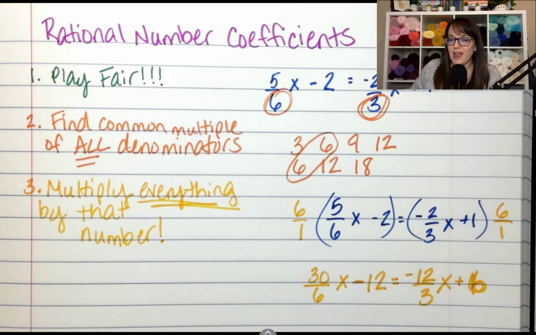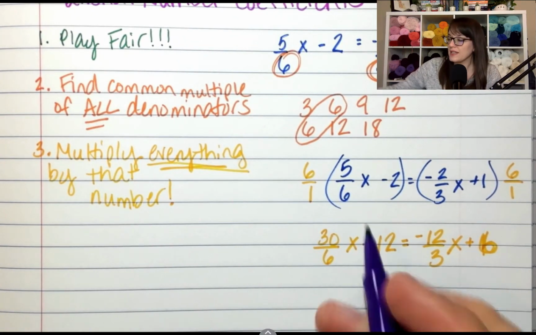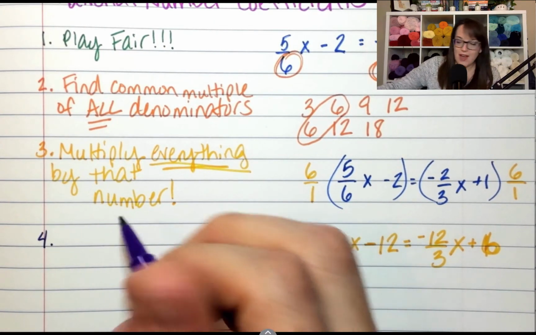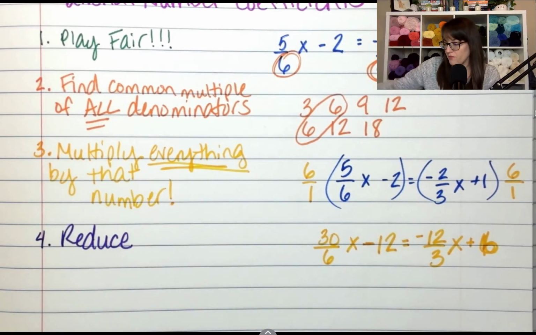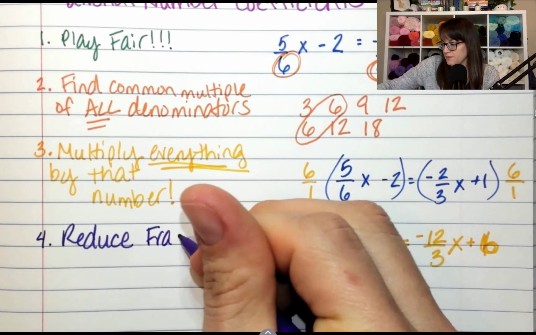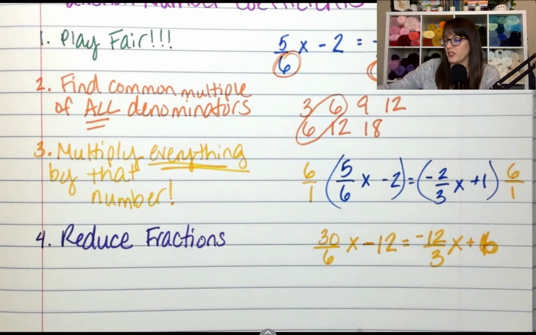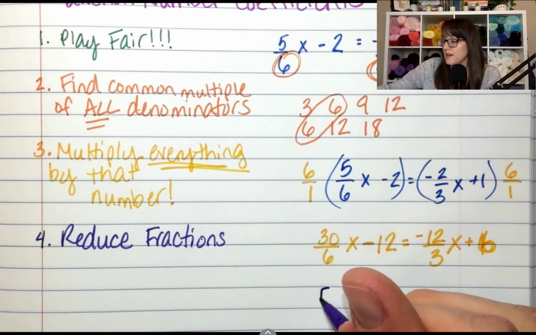Okay, so now hopefully you're seeing some interesting things, because the next thing we're going to do is simplify or reduce, same thing, reduce fractions. And this is where we're going to see some magic. So 30 divided by 6 is 5.